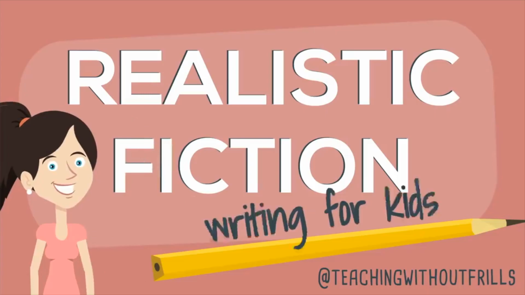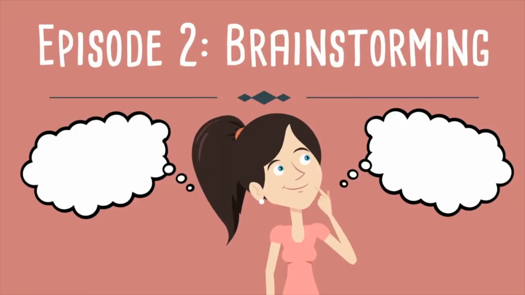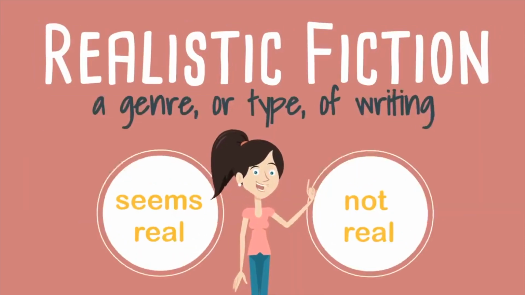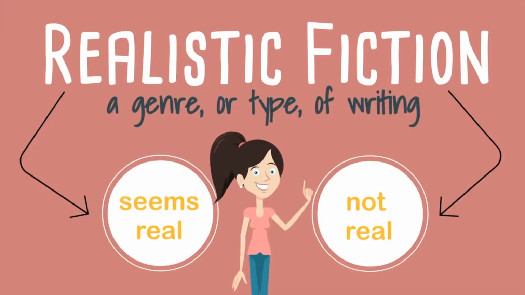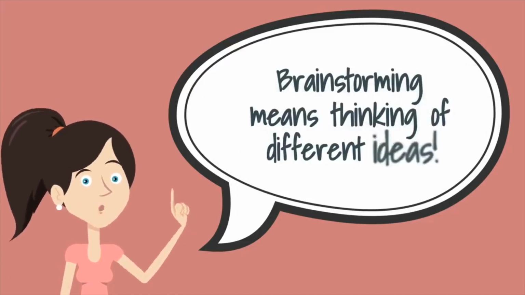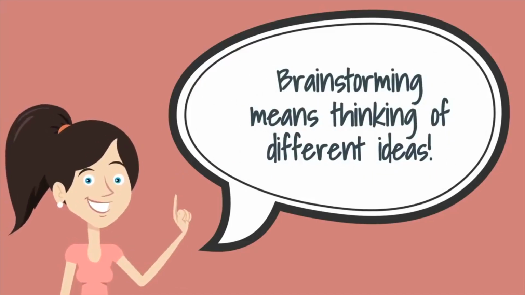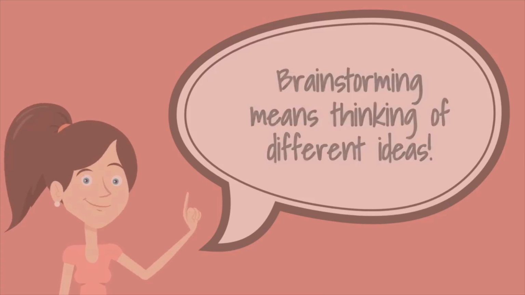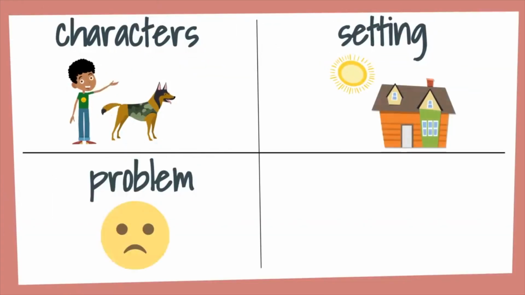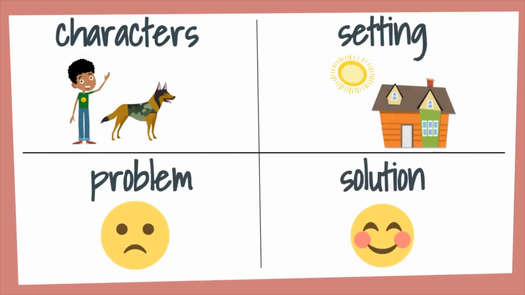Realistic Fiction Writing for Kids. Episode 2. Brainstorming. Now that you know what realistic fiction is, you can start brainstorming ideas for your story. Brainstorming just means thinking of different ideas. We will brainstorm the most important parts of the story, the characters, the setting, the problem, and the solution.